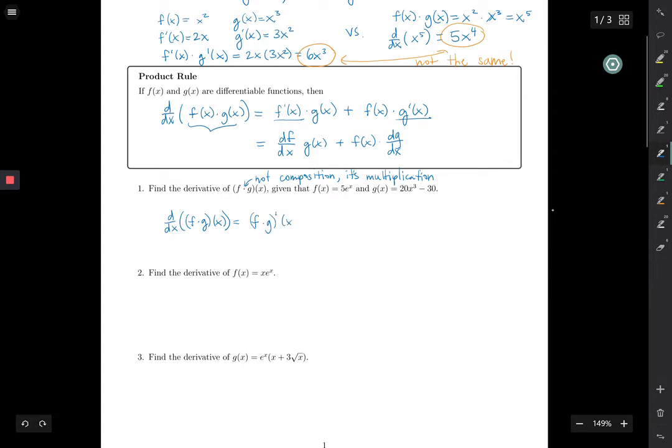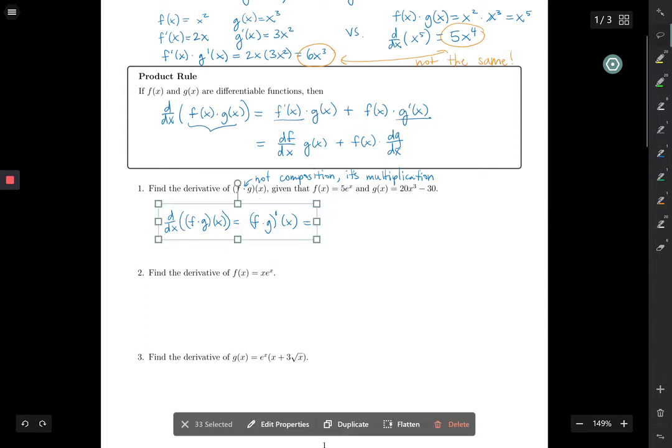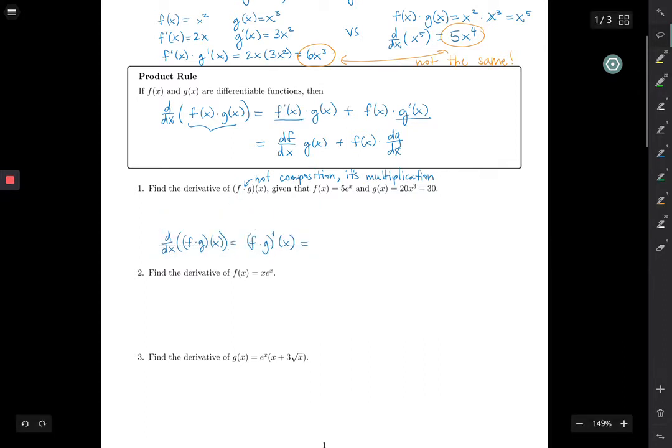So that's where you would put the prime to denote that this is the derivative of this function. And then we apply the power rule. So what we get is, just to make everything clear, I'm going to move this down. So normally we would do this all in one step, but since we're just learning this, I'm going to do it in a few steps.